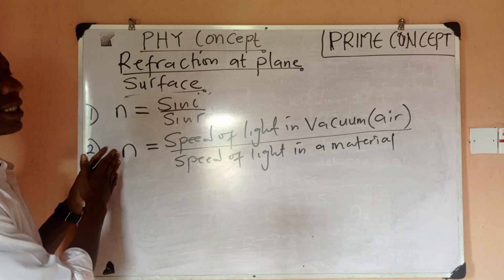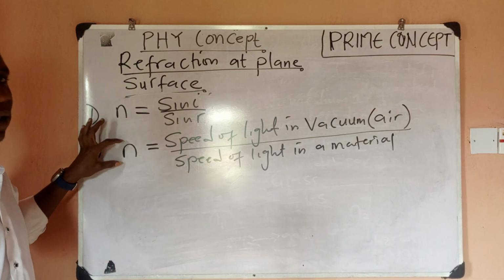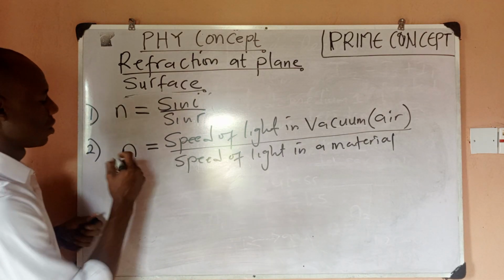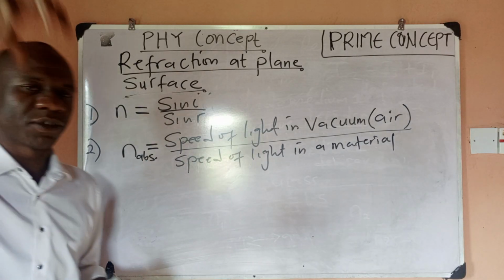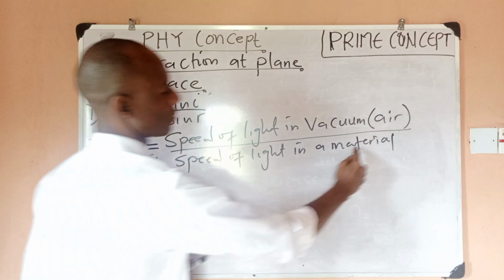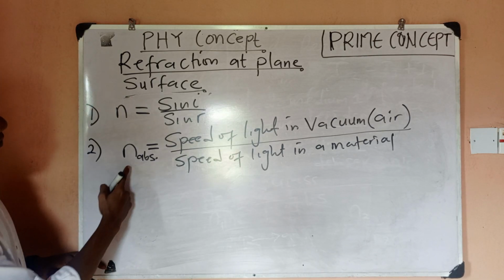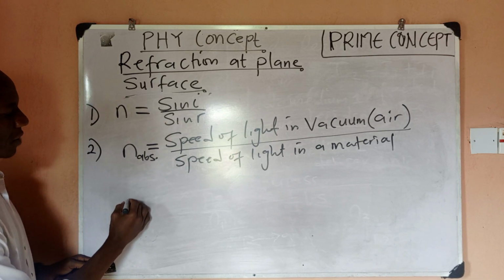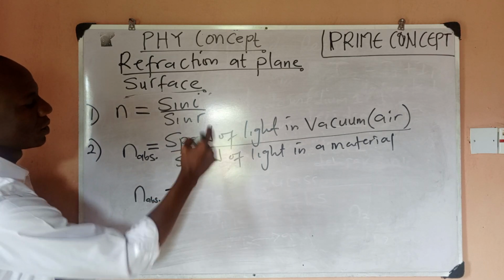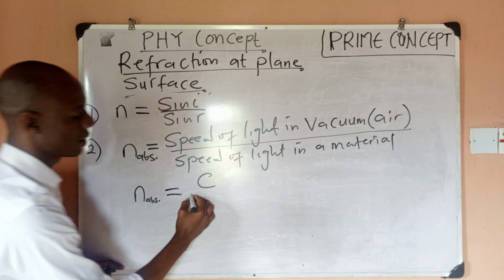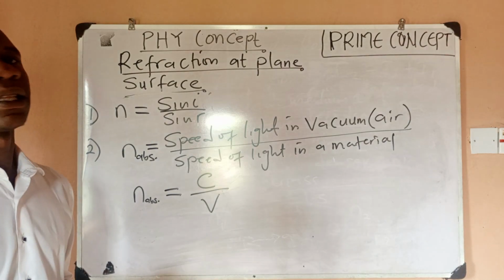Now the refractive index in this case, since we are considering air to the material, is actually the absolute refractive index, the specific refractive index of this material, because that in air is still going to be 1. So the absolute refractive index is going to be C, which is speed of light in air, over V, which is speed of light in that particular material medium.